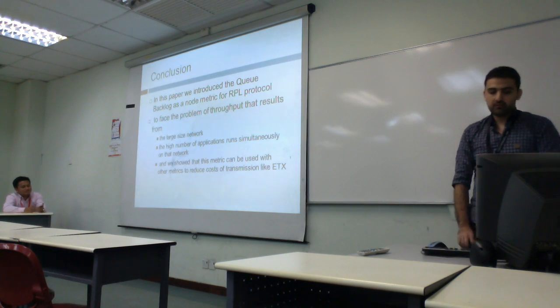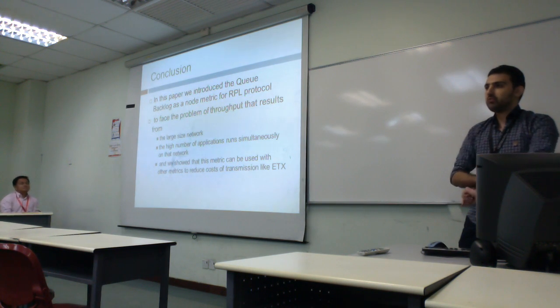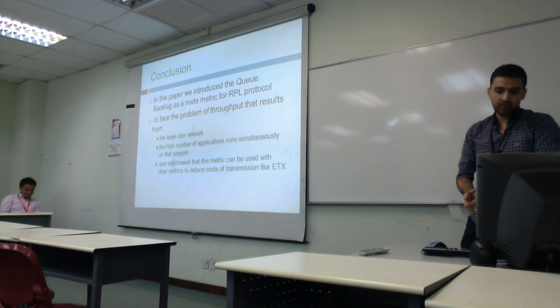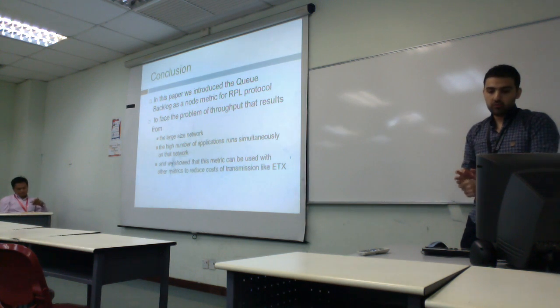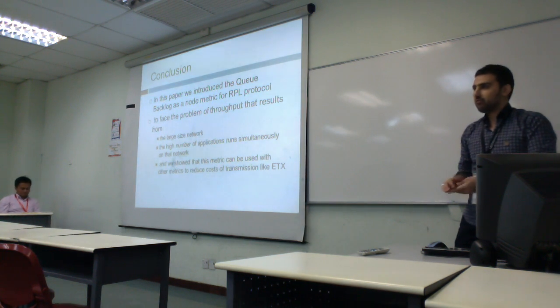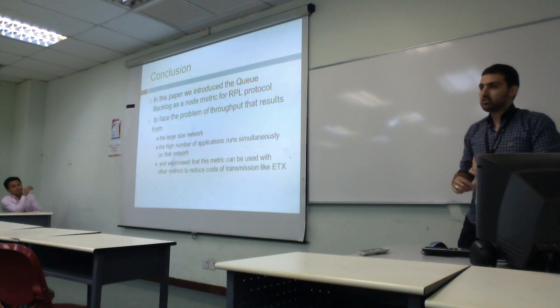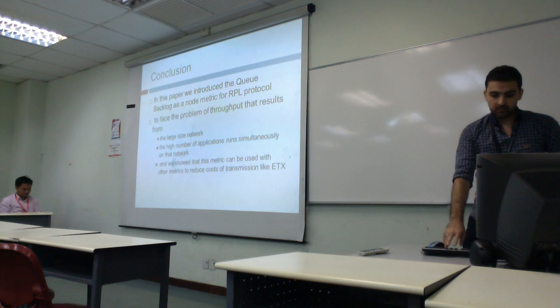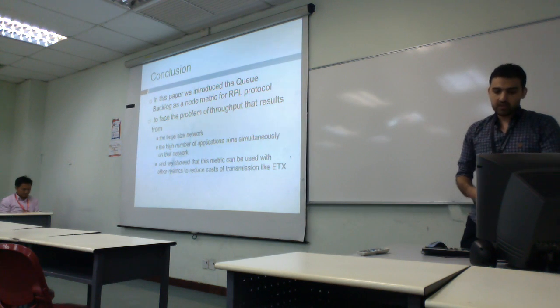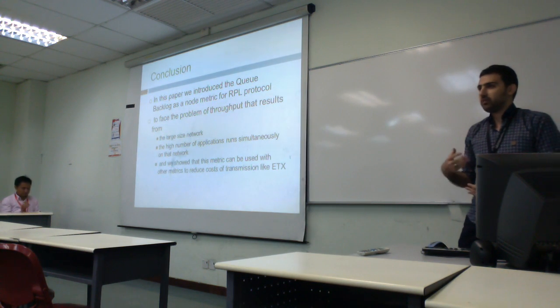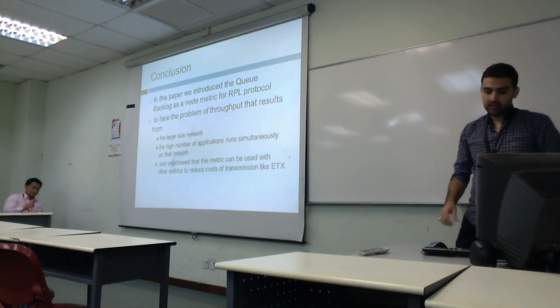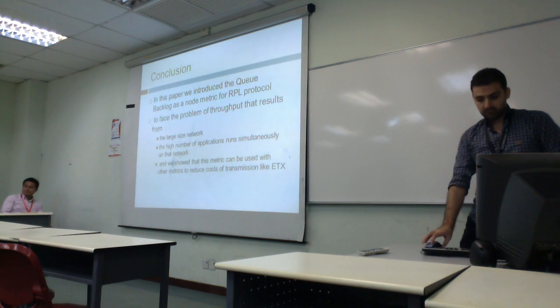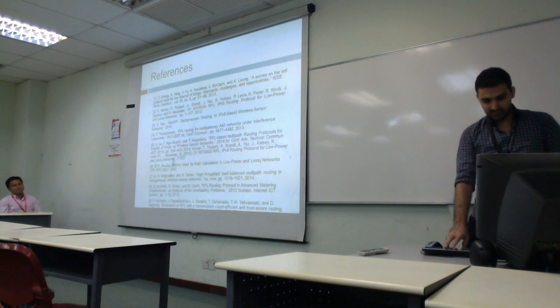So in this paper, we introduced the Q backlog as a node metric for RPL in order to face the problem of throughput that results from the large size network and the high number of applications. And also, as we have shown, we can use this metric with other metrics like the ETX or any other one. Thank you. This is the reference.